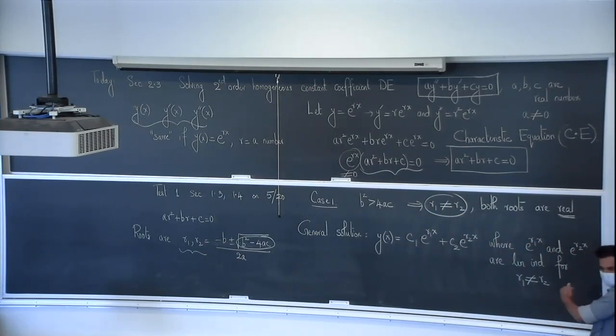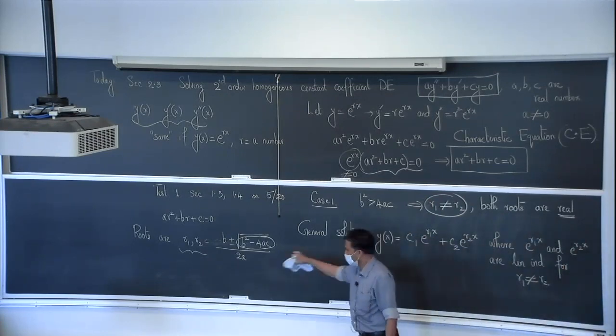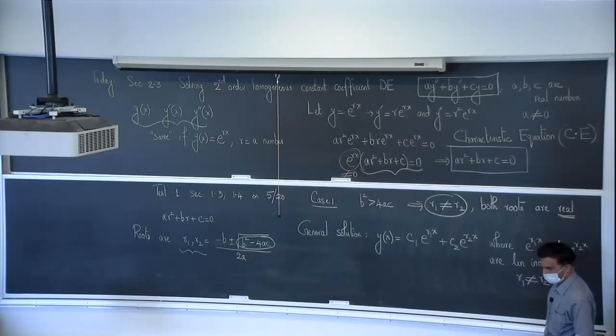We are doing it case by case, so at this point we are not worried about what happens if r1 equal to r2. That's a different case. So if we have two real numbers which are not equal, representing the roots r1 and r2, it's a pretty easy situation. The general solution is c1 e to the power of r1x plus c2 e to the power of r2x.